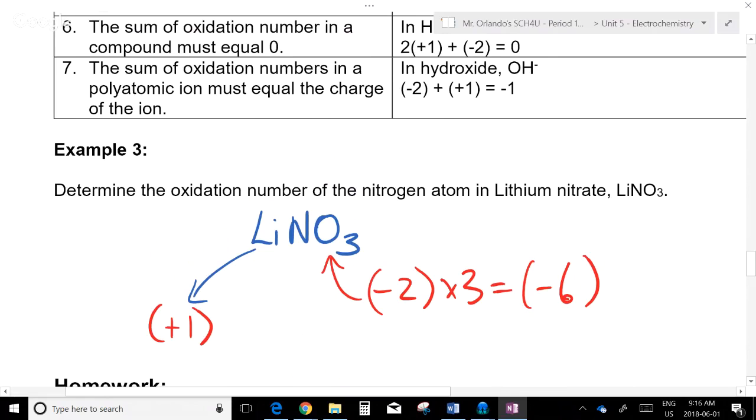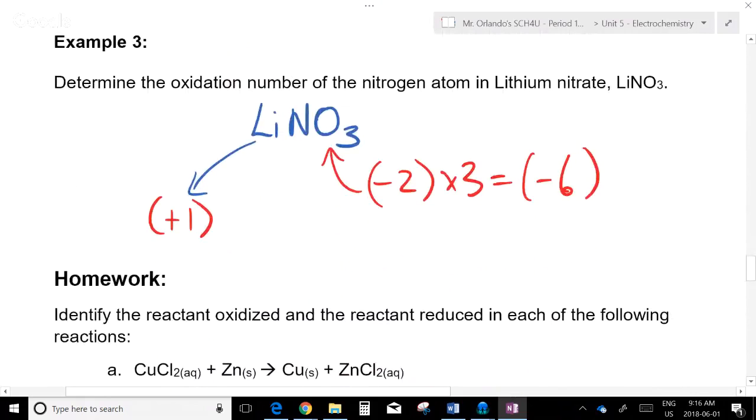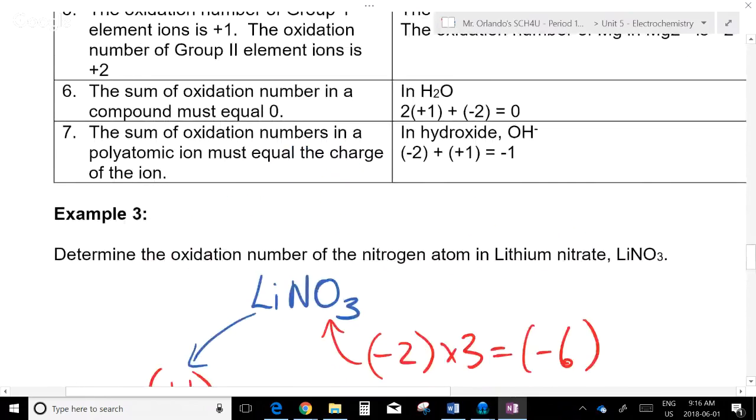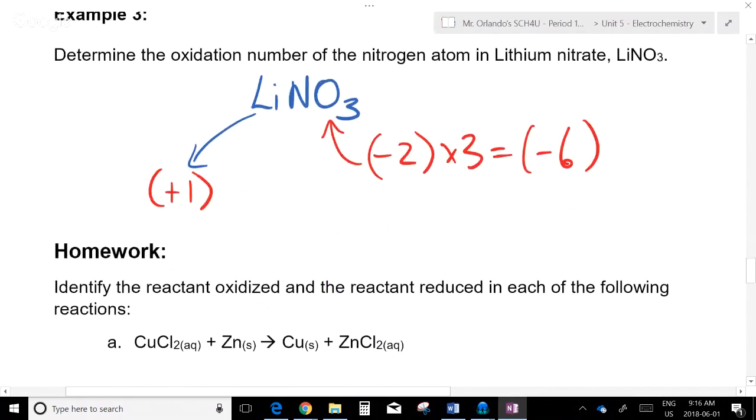Now, do we have any more rules that mention nitrogen specifically up here? No, but how can we figure nitrogen out? What does rule 6 tell us? It has to equal 0. So if oxygen has an oxidation number of -2, and there's 3 of them, which brings us to -6, and lithium has an oxidation number of +1, we can determine nitrogen.